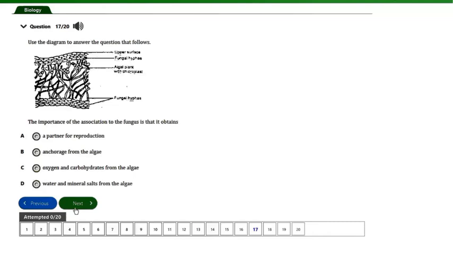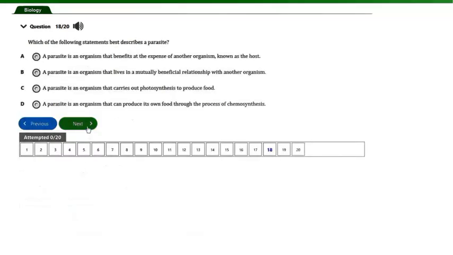So the answer to this question, guys, is option C. The fungus here obtains oxygen and carbohydrates from the algae.